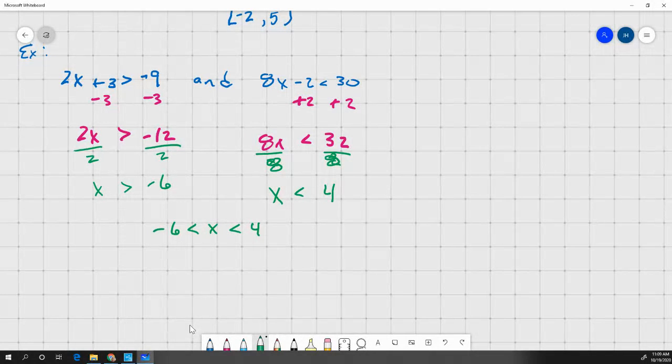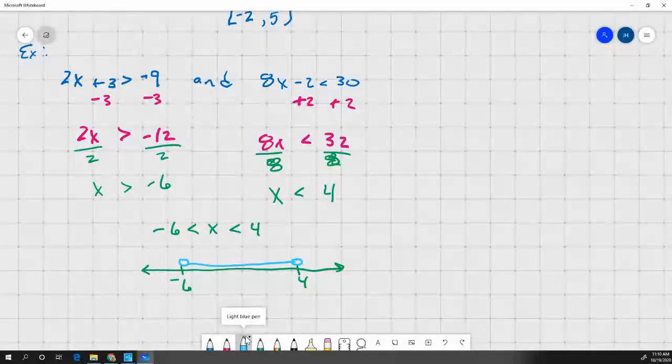Then when I go to graph this, it's a pretty good line too. I don't need a stinking ruler. So if I make this point -6 and this point 4, when we go to graph it, we have open dots on both of them, right? Because neither of them have the equal to. And they just connect together. Ands connect, ors go away from each other, right?